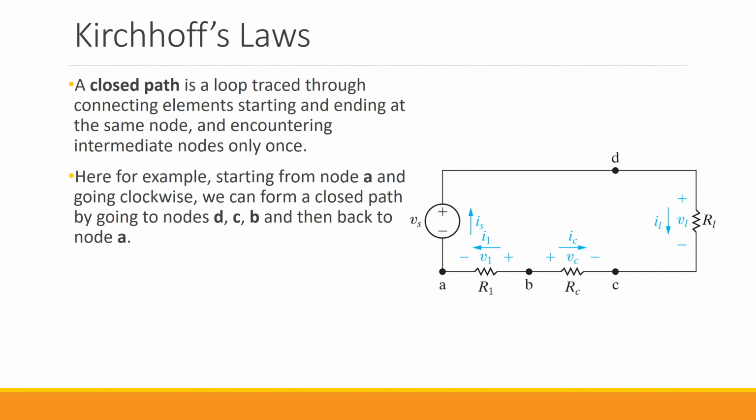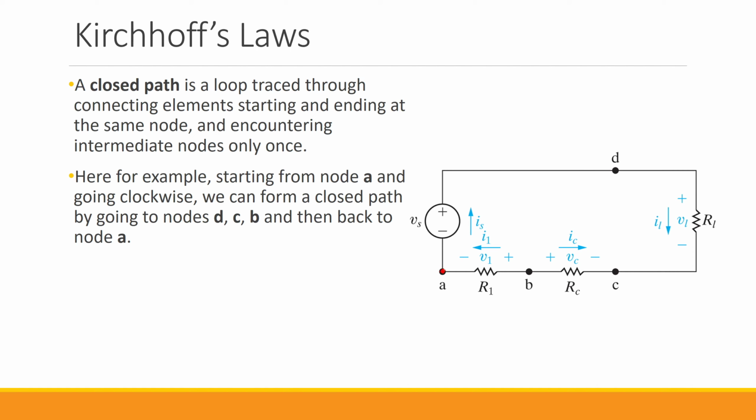To find the last one, it is good to define the concept of a closed path, or a loop, in a circuit. A closed path is basically a loop that is created by connecting elements starting from one end.